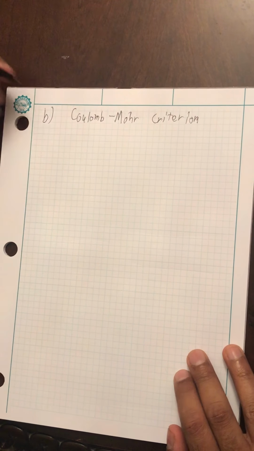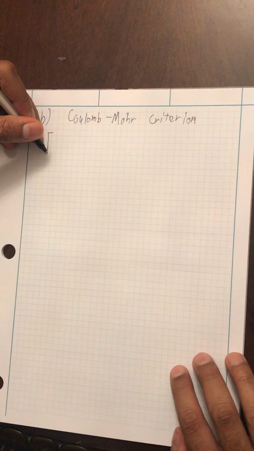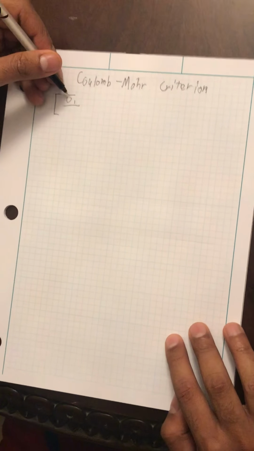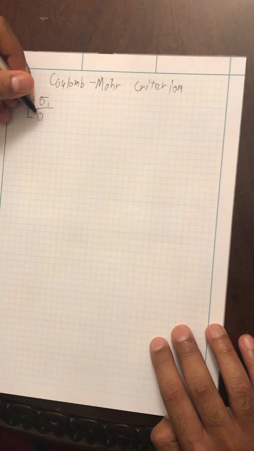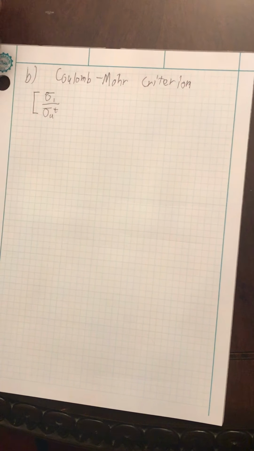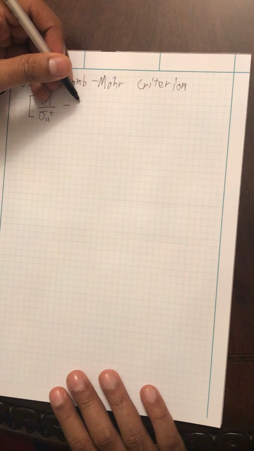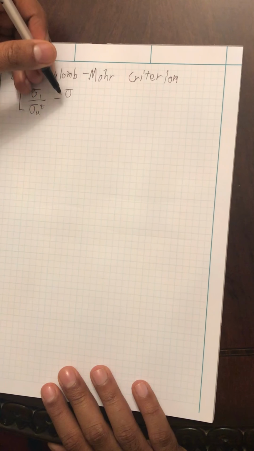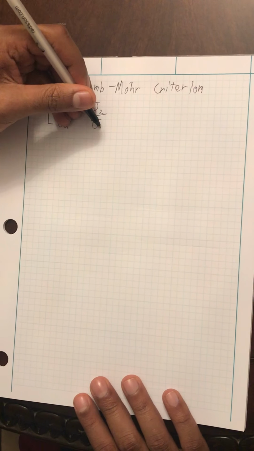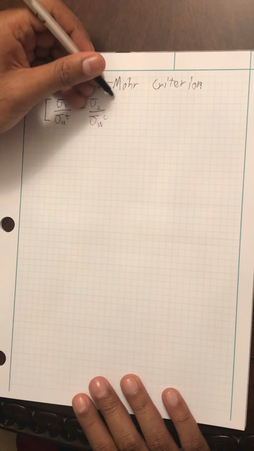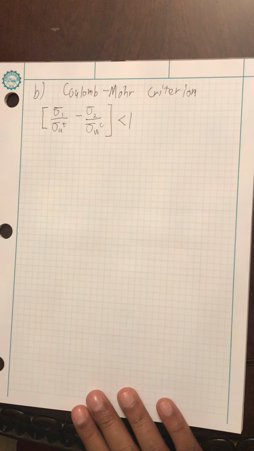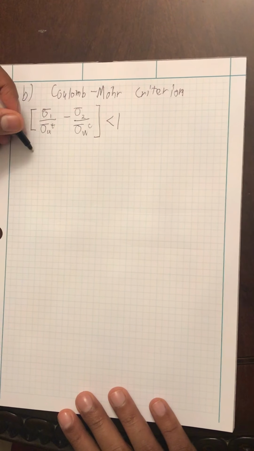So the thing with the Coulomb-Mohr criterion is that we have to take the principal stress 1 and divide it by the tension, the maximum tension stress, and then take sigma 2 and divide it by the maximum compression stress, and if this is less than 1, then this checks out.